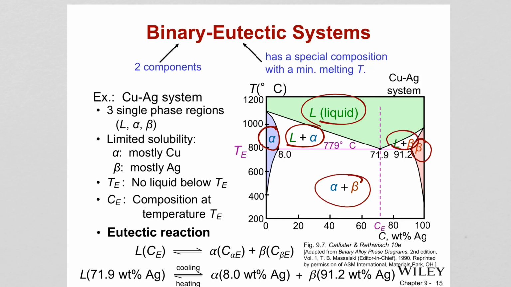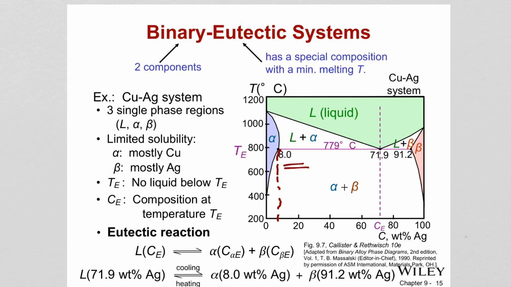So again, depending on the temperature and composition, you can read the phase diagram and see which phase is present in those circumstances. Now alpha has a limited silver solubility. We are seeing that the maximum solubility of silver in alpha is around 8%. So 8% silver is the maximum soluble in this structure.